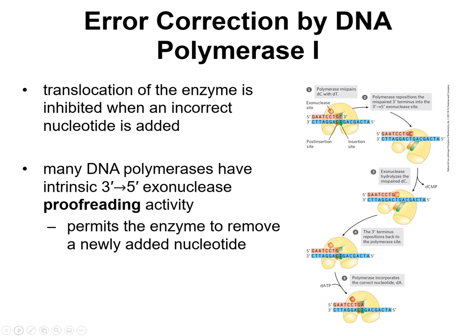So translocation of the enzyme is actually inhibited when there's an incorrect nucleotide added. It's not going to slide forward until the right thing is added. And many of these DNA pols have intrinsic 3' to 5' exonuclease proofreading activity, which means that they add something and then they're like, is this the right thing?